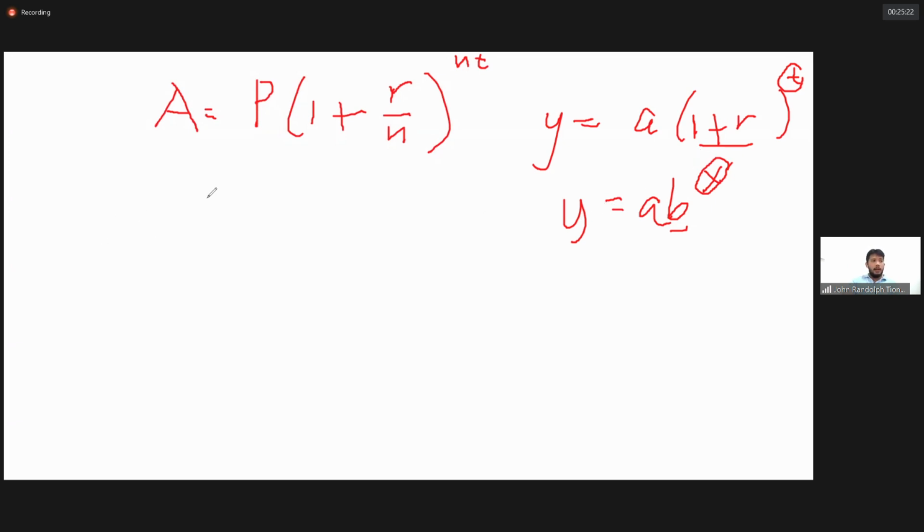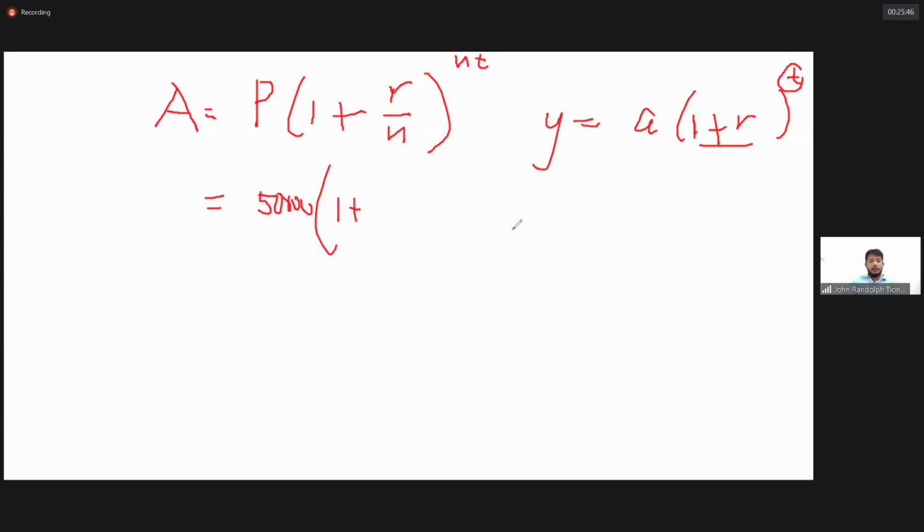So, given the formula, A equals P times (1 plus r over n) to the power of nt. The principal amount is 50,000. Then 1 plus, what is our rate in the problem?